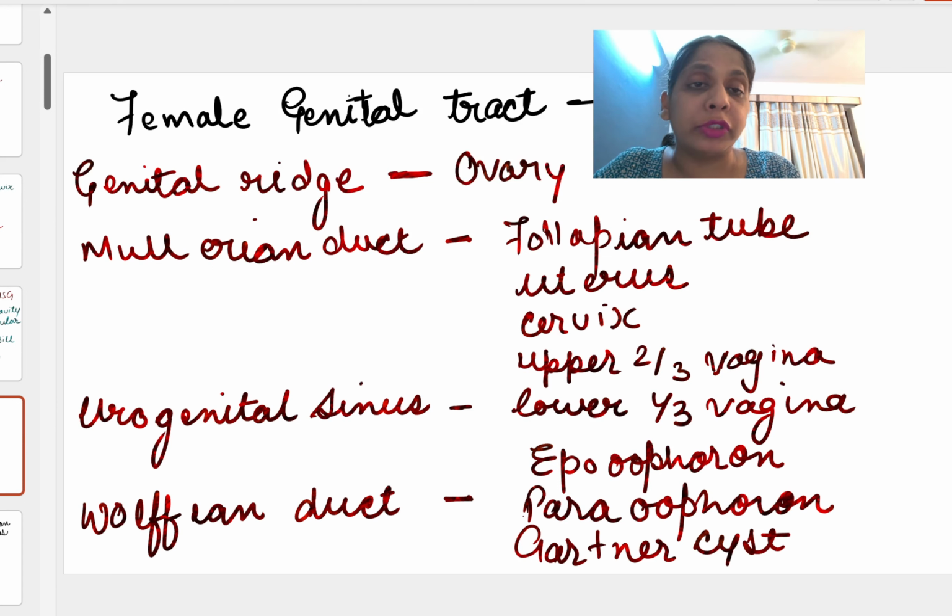So there you just need to remember this duct position. This duct is in the peritoneal cavity, lateral to the upper end of the vagina. It is not down.